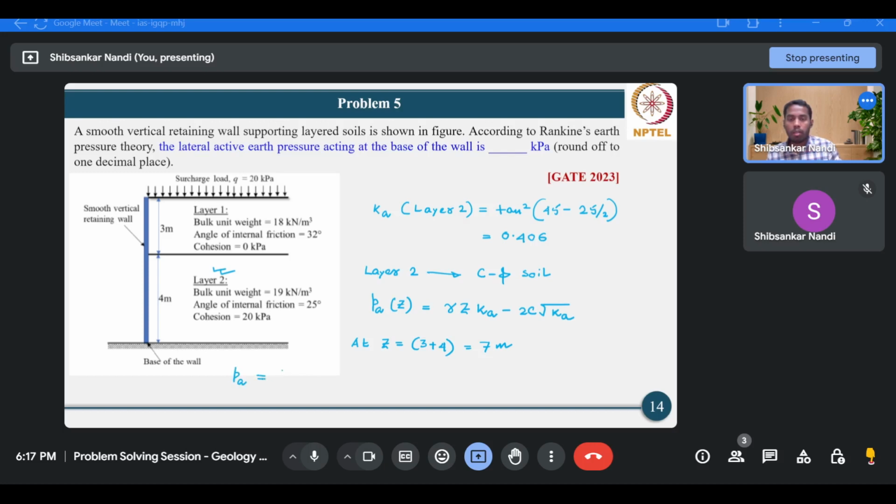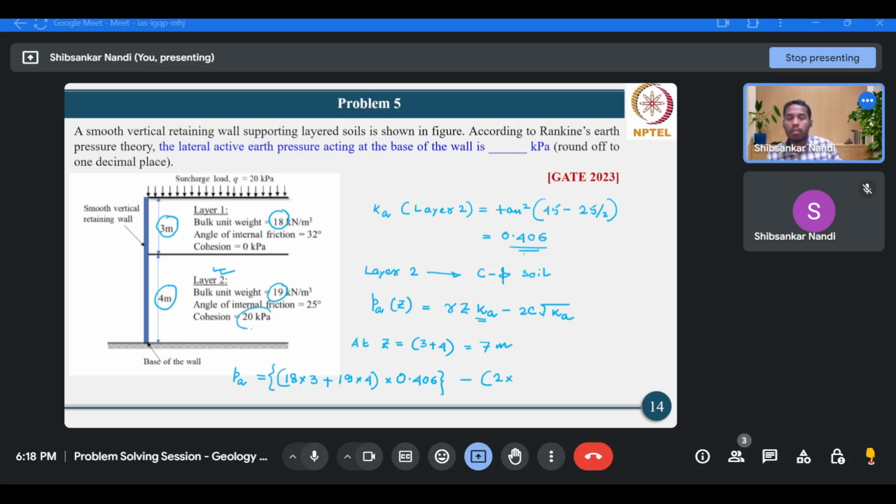it will be, first we have to calculate the effective overburden at the depth. So effective overburden will be 18 multiplied by 3 plus 19 multiplied by 4. Okay, this multiplied by the earth pressure coefficient. So earth pressure coefficient of layer 2, so it's 0.406, minus 2 into c of layer 2.